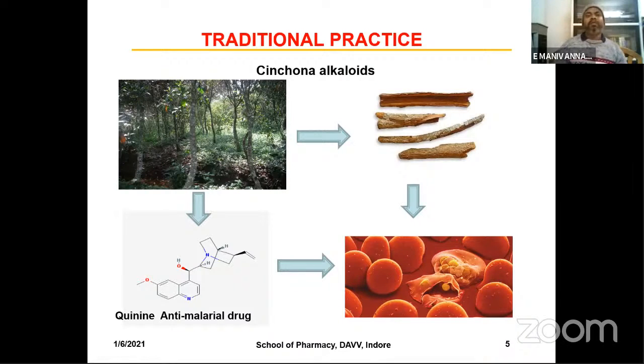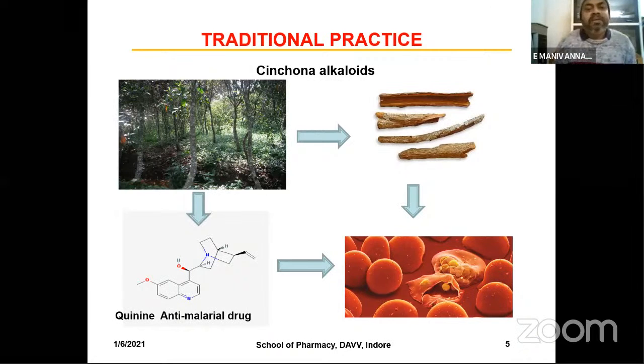The South American Indians discovered this drug. They understood the antimalarial or anti-fever property from their day-to-day life observation.